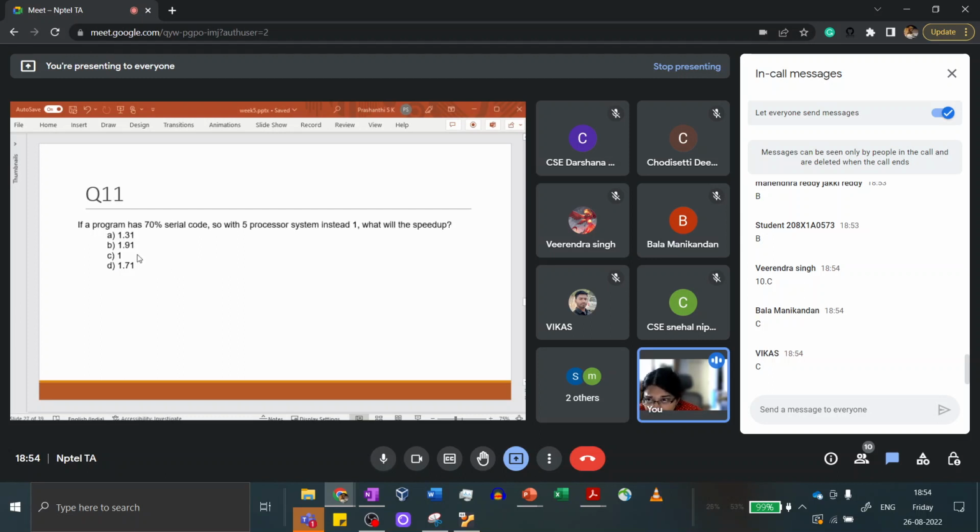So this is again on Amdahl's law. If a program has 70% serial code with 5 processors instead of 1, what will be the speed up? So you have 4 options: 1.31, 1.91, 1 and 1.71.